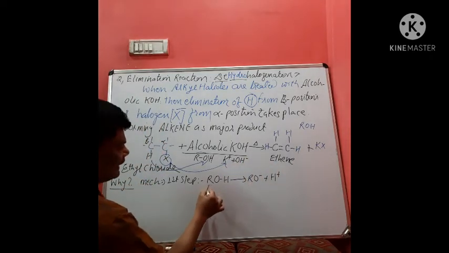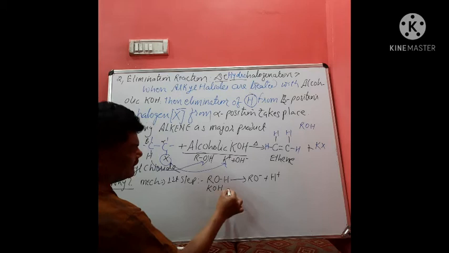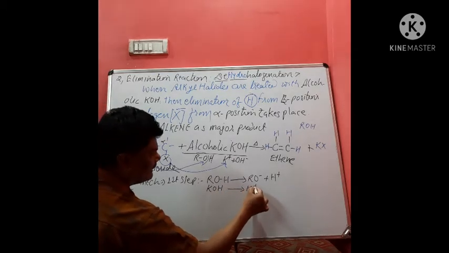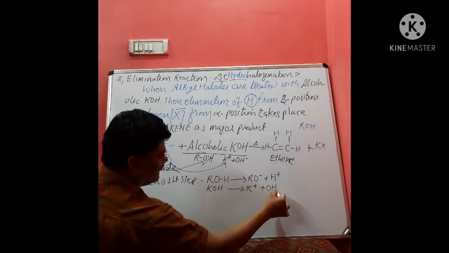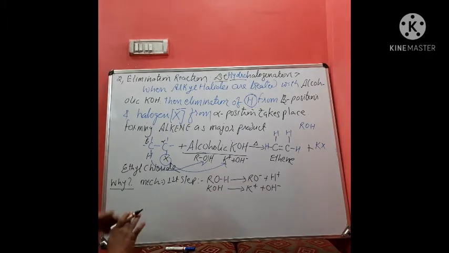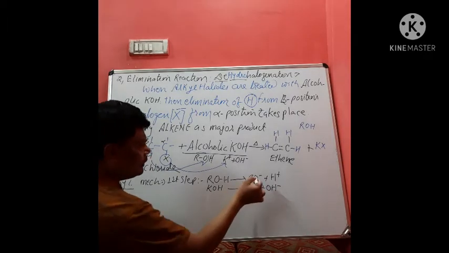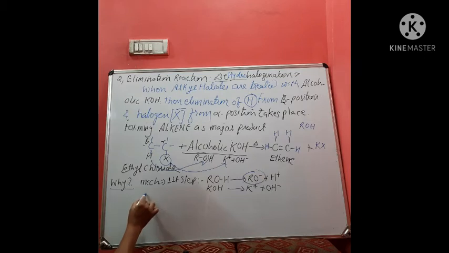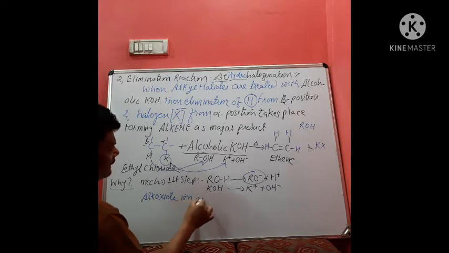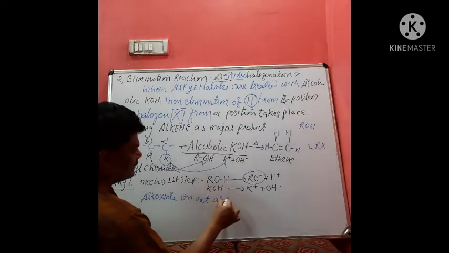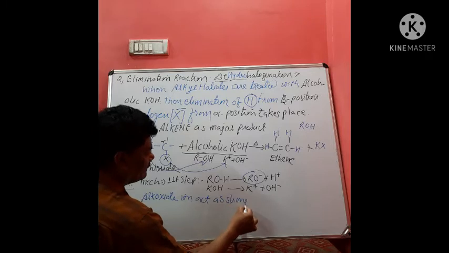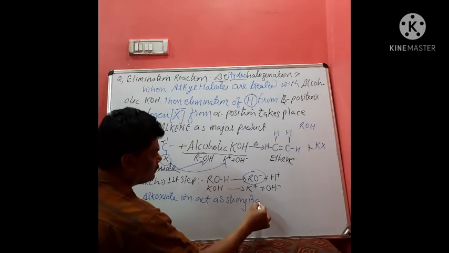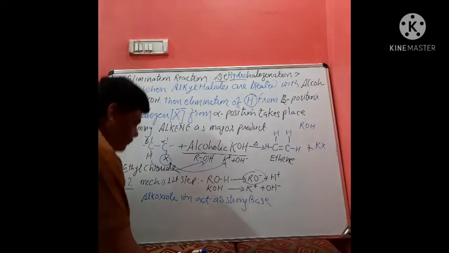And KOH produces K cation and OH anion. Now student, the alkoxide ion formed acts as a strong base.